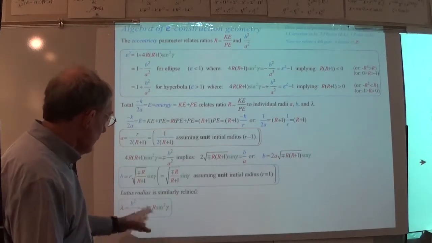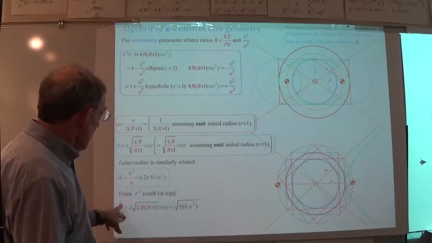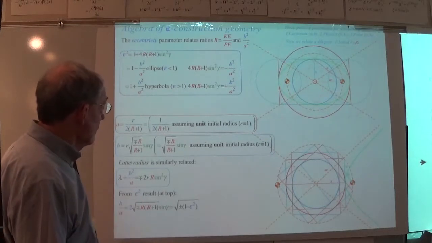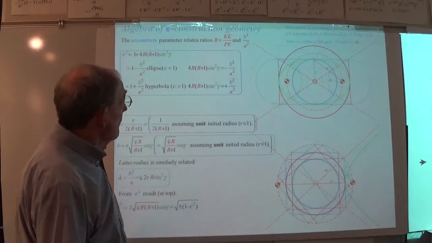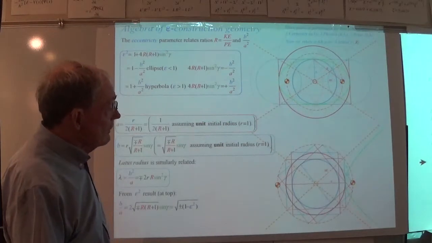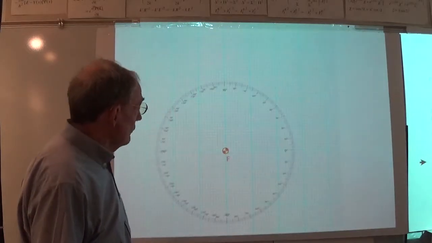Here's the lattice radius similarly related. There's the B over A ratio related to the epsilon squared. So this lets you go back and forth between the parameters that we use in this epsilon construction and the others. And you see some interesting geometry in that too.